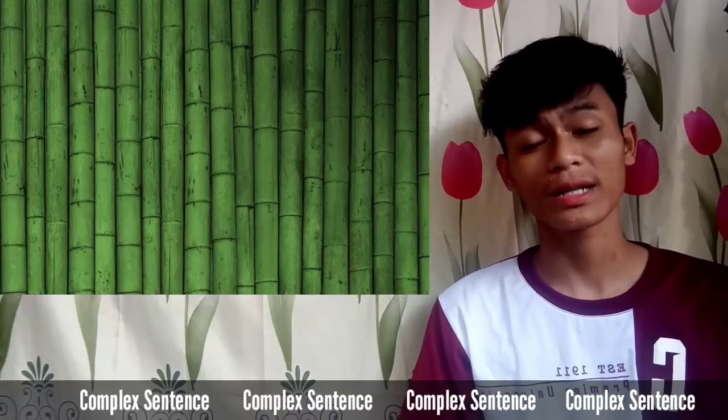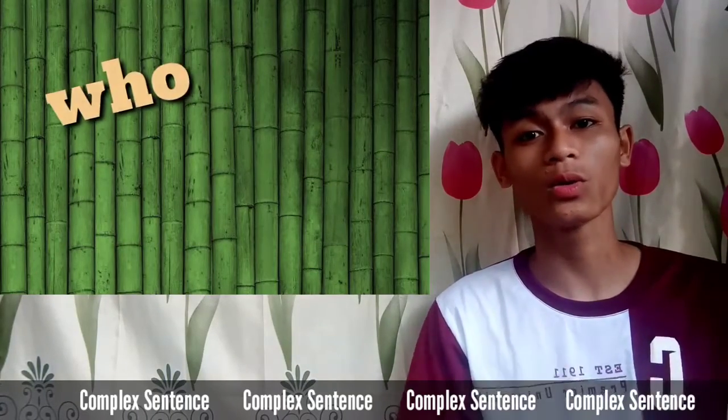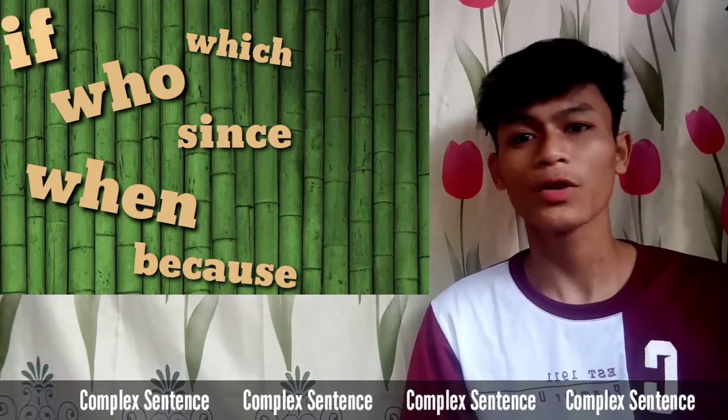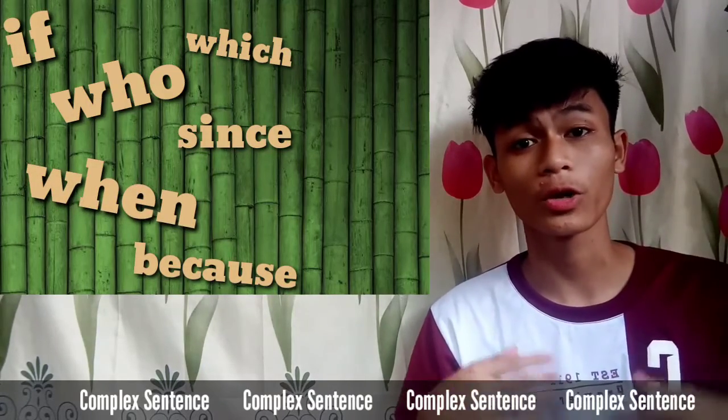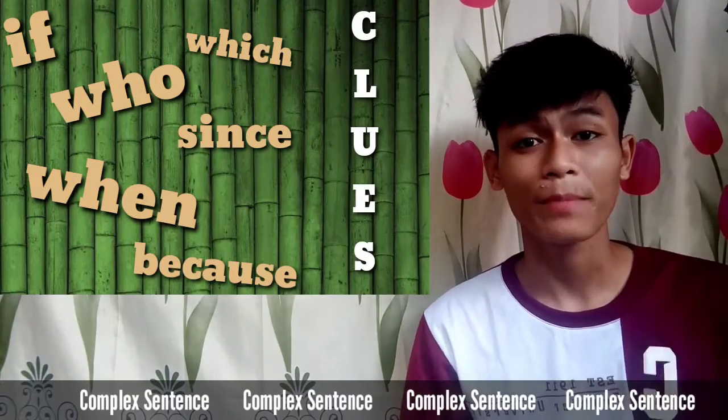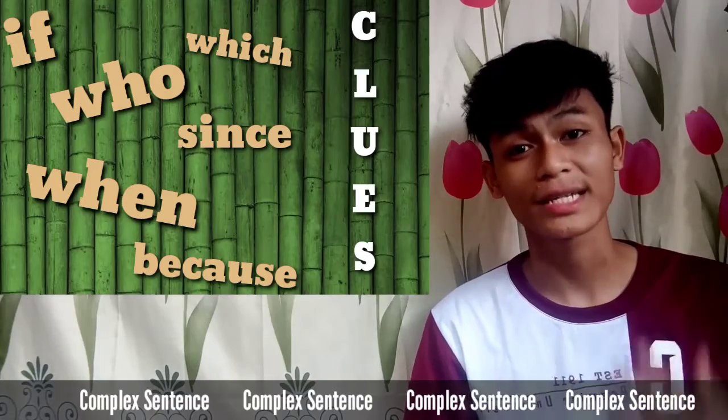Those words that I have mentioned earlier, like who, which, since, when, because, and if, are words that you can use as clues to look for the dependent clause of the sentence.